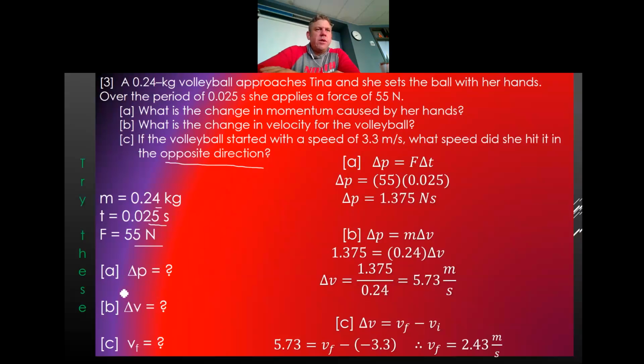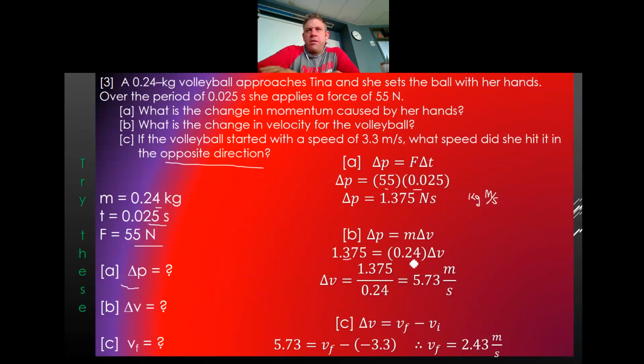All right. So we want to find delta P first. So when we look over here, because we have a force and a time, this works out really nice for us. We can apply our force multiplied by our time, and we get 1.4 Newton seconds. Remember, again, this is also kilogram meter per second. Okay. Once we've got that, then that gets plugged into here, for our delta P, our change in momentum there.